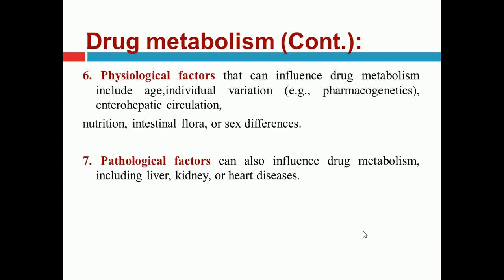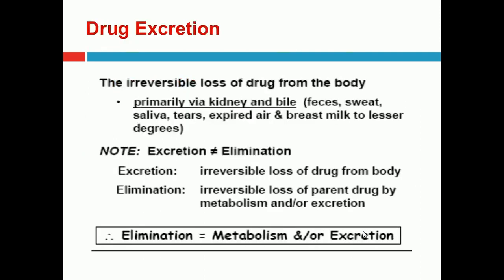If the liver is not functioning properly, this can also affect drug metabolism, so we need to adjust the dose. Kidney: after metabolism, the drug or the metabolite must be excreted out of the body. If the kidneys are not functioning properly, as in kidney failure, they may not be able to excrete it, so the metabolites or the drug can accumulate within the body.